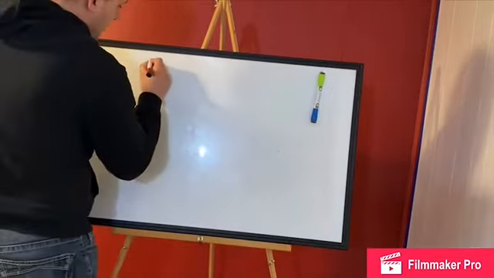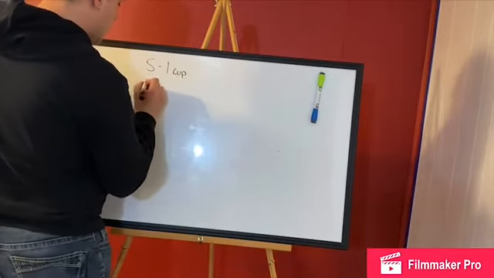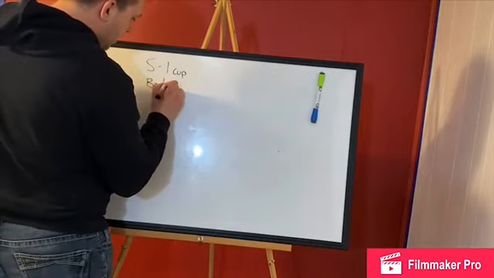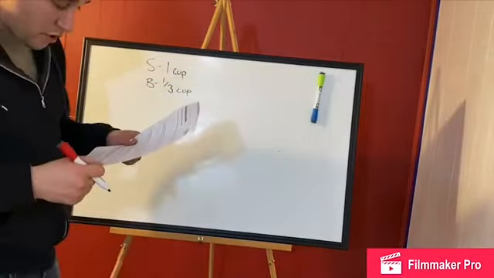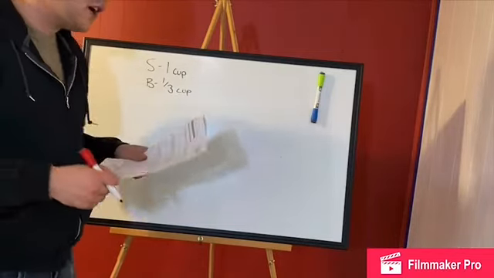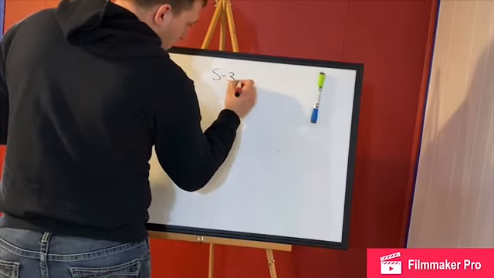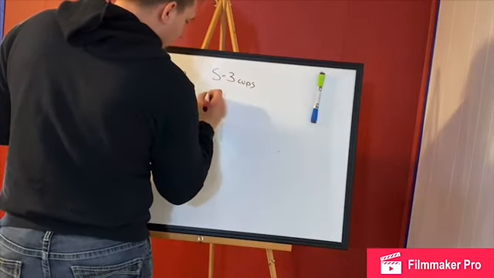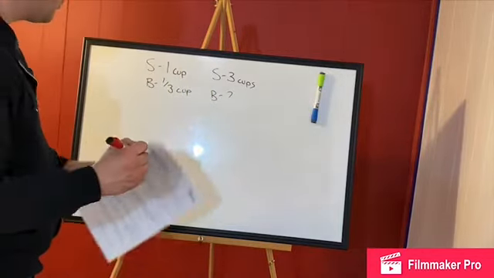So for strawberries, she uses 1 cup. And that she uses blueberries 1/3 cup. So if she was to use 3 cups of strawberries, how many blueberries would she use?